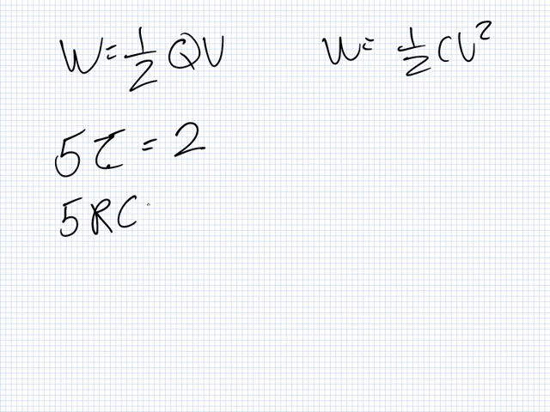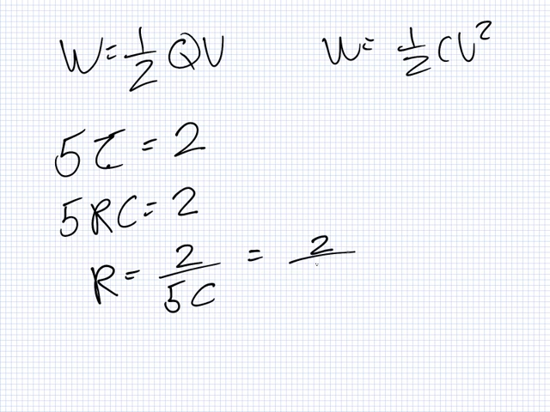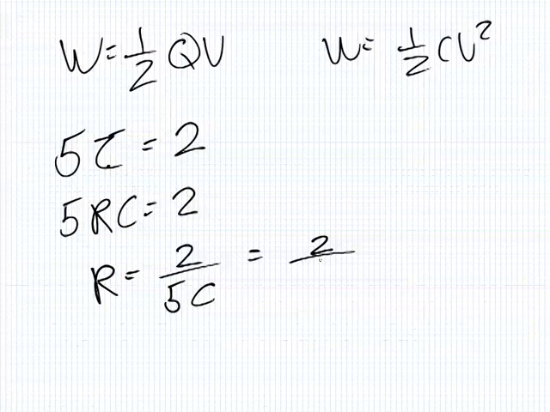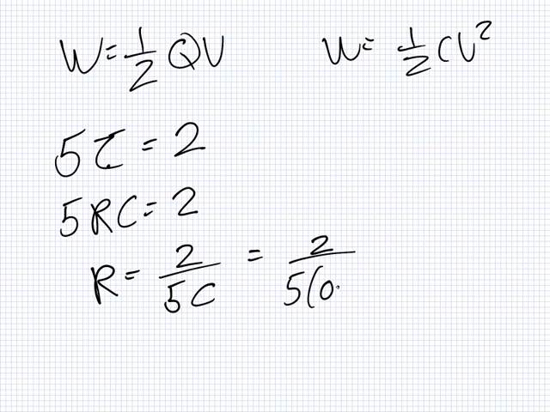That's RC, so 5RC equals 2. So now we can say R equals 2 over 5C. What did I say the C was? 0.1. So what's this now? This is 4 ohms.